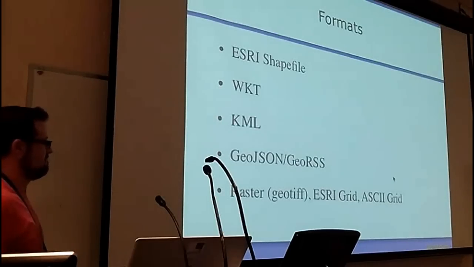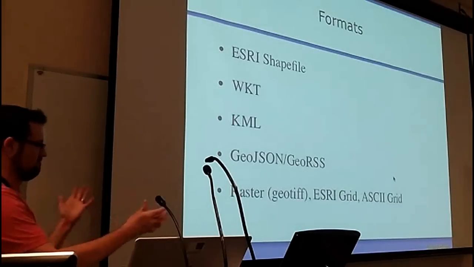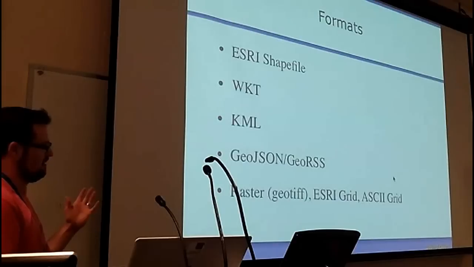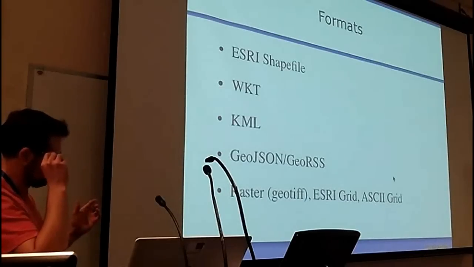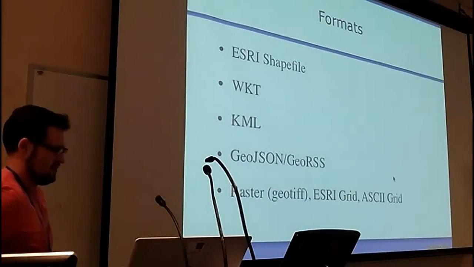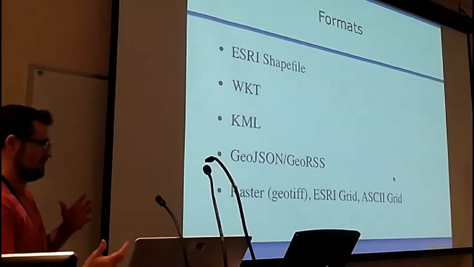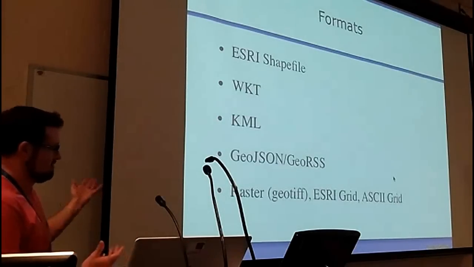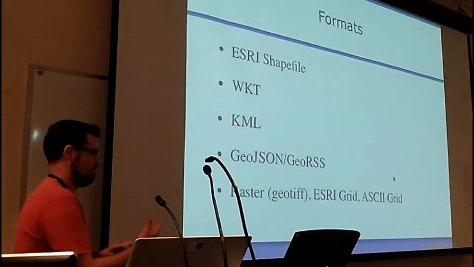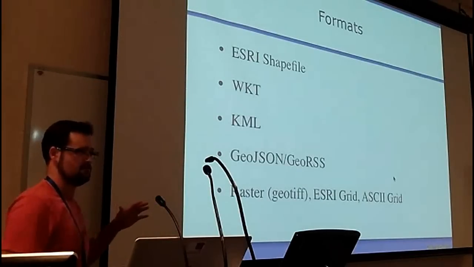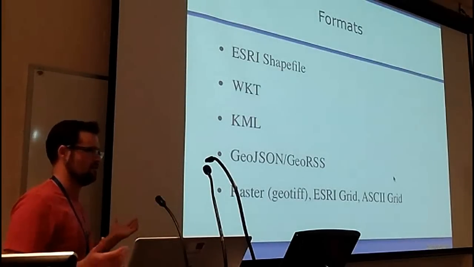Rasters are essentially a grid of pixels, and there's a scale associated with that, and they also have a projection associated with them. When you get a GeoTIFF, commonly you'll open it up and you'll just see a grayscale image, and it'll look really boring, and you go, where are all the nice colours?